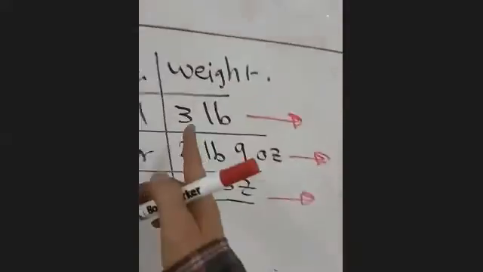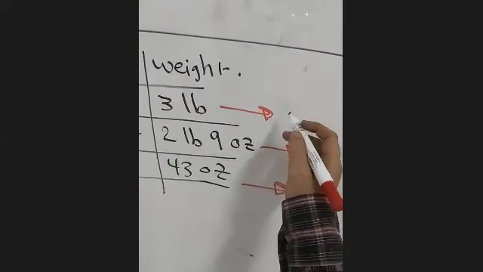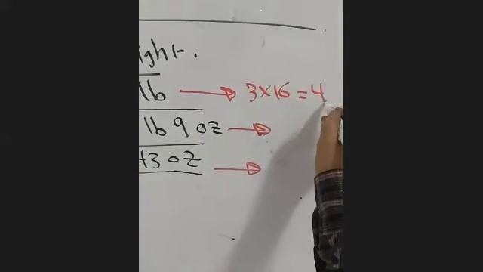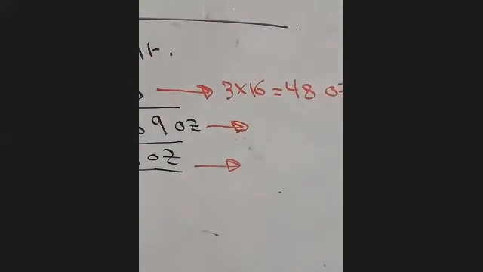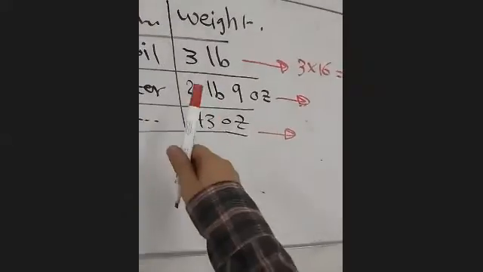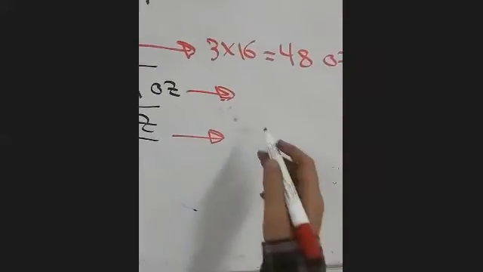So let's turn the first one to ounce. 3 multiply 16 is 48 ounce. Now here we have 2 pounds and 9 ounces. The 2 pound, how we turn it to ounce?